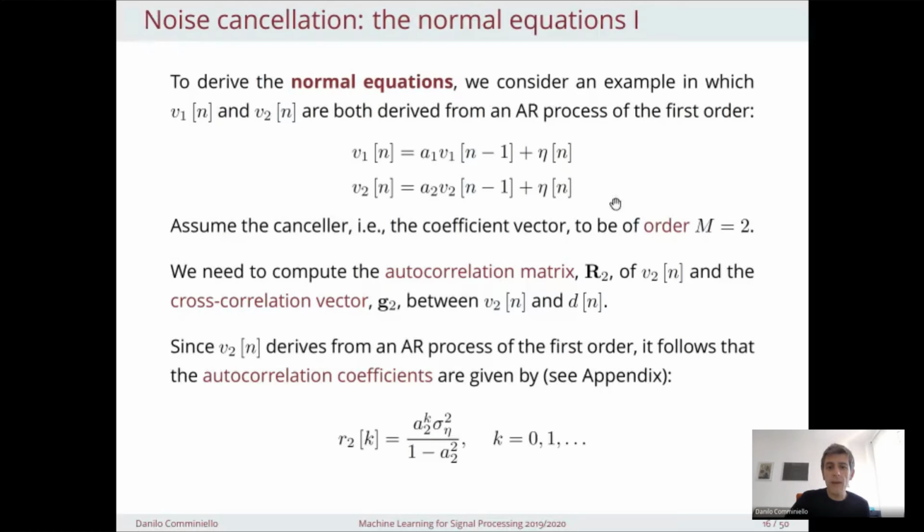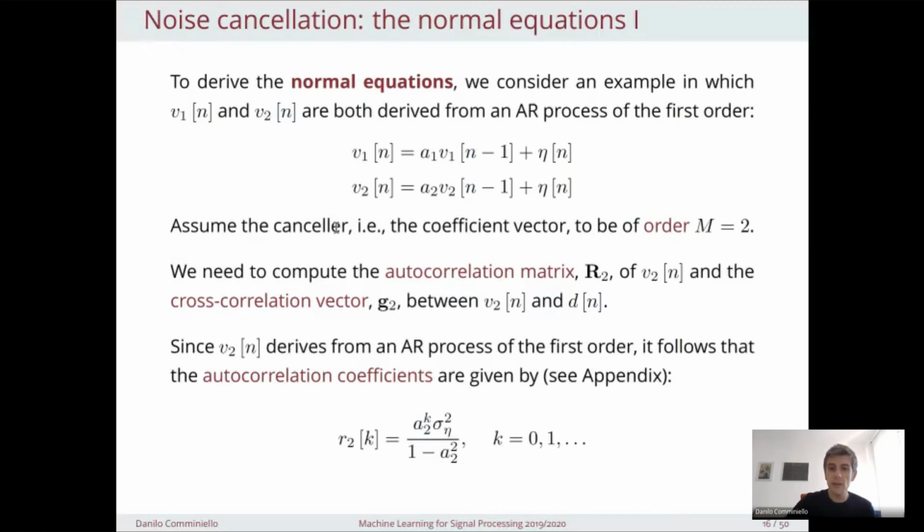So if we have this kind of noise signal, noise process, you have some good properties related to the autocorrelation matrix, which is very easy to find. You are just considering the variance of the signal.